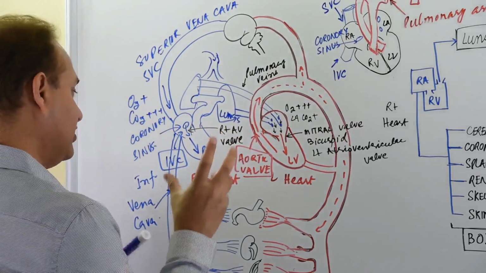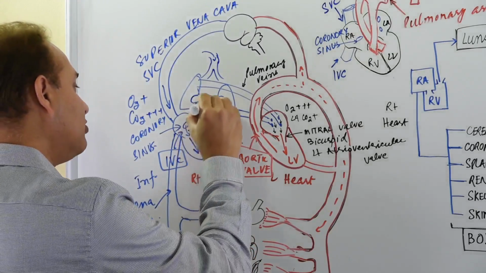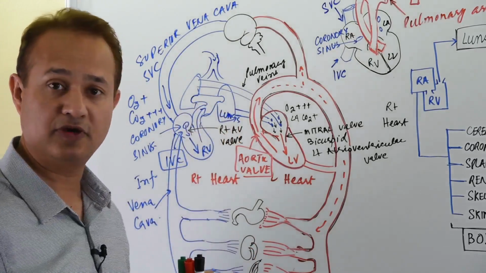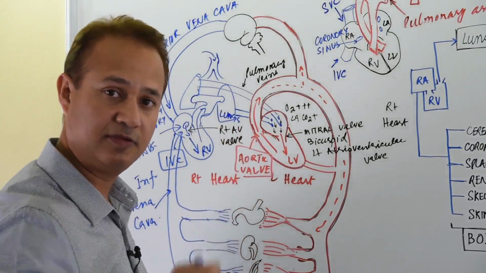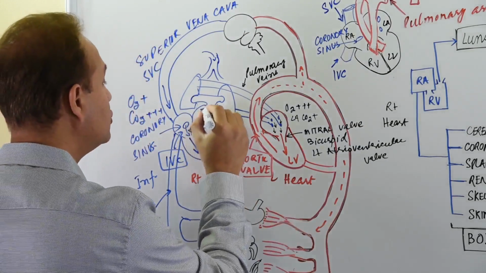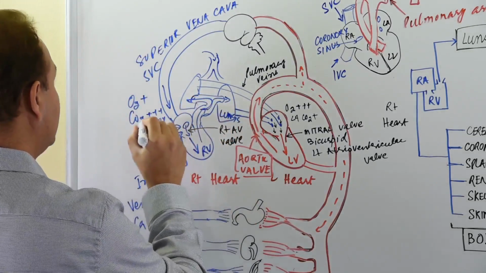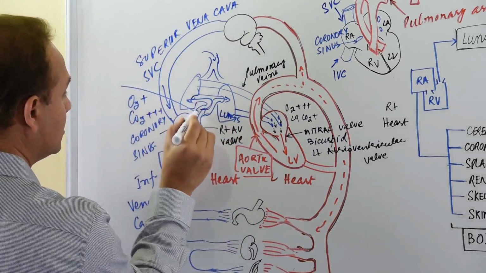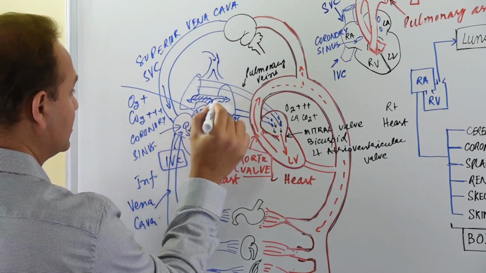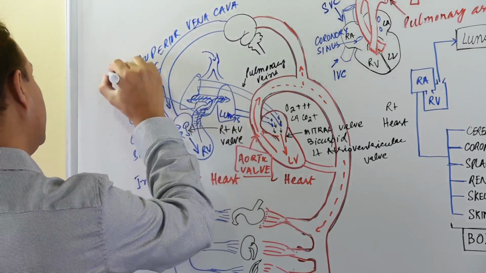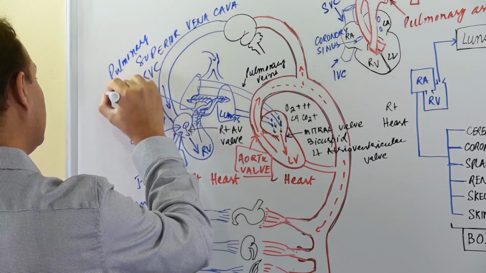Blood from here then, when the right ventricle contracts, will be coming out of the right ventricle through the pulmonary artery, because it is taking the blood out, through the pulmonary artery to the lungs. So that completes it. I'm going to mark this blood vessel as the pulmonary artery.